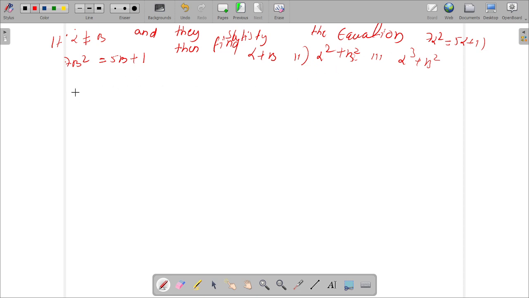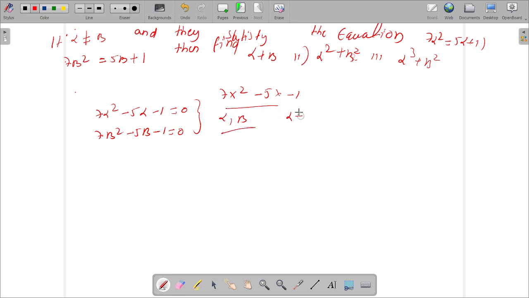Now if you rewrite those equations, it will be 7 alpha square minus 5 alpha minus 1 equals 0, and 7 beta square minus 5 beta minus 1 equals 0. From these you can write the form 7x square minus 5x minus 1, where alpha and beta are the roots of the equation.